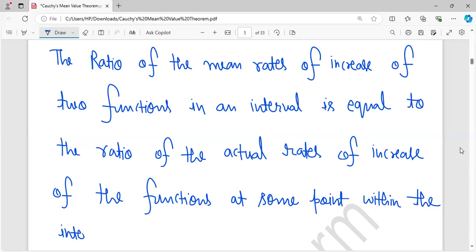This is the physical interpretation of the mean value theorem.